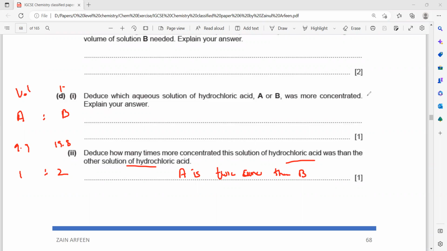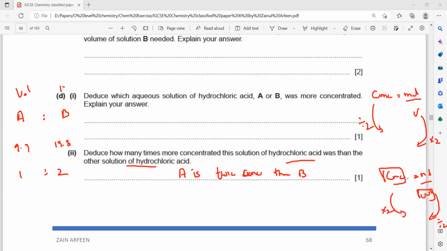Because the concentration formula is concentration equals moles divided by volume. Because the volume of B is double, its concentration is half. For A, the volume is half, so its concentration is double. They are inverse: one is in the numerator, the other in the denominator. If I'm talking about B I need 19.9, if about A I need 9.9.